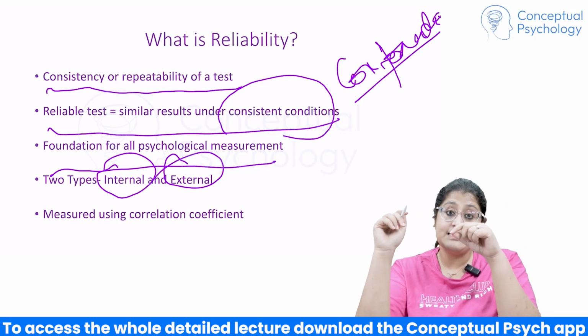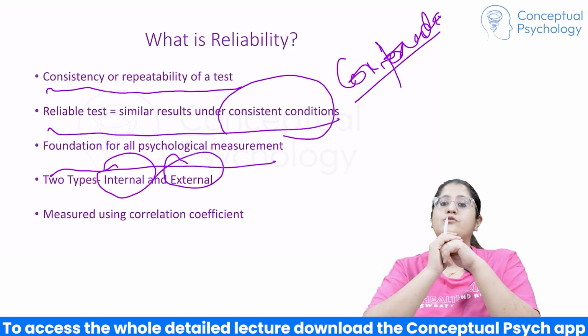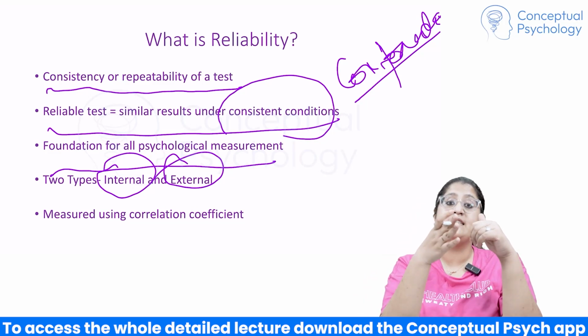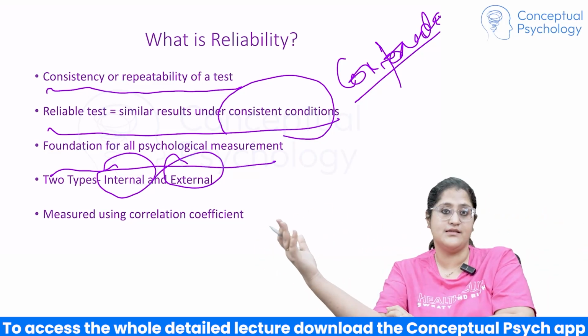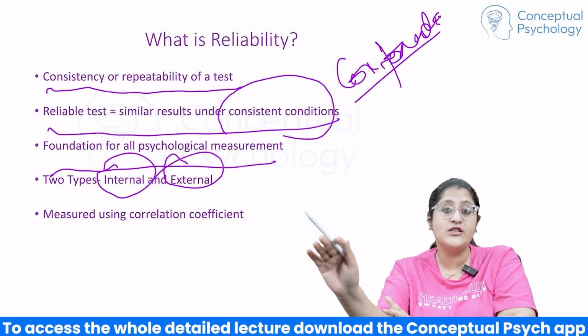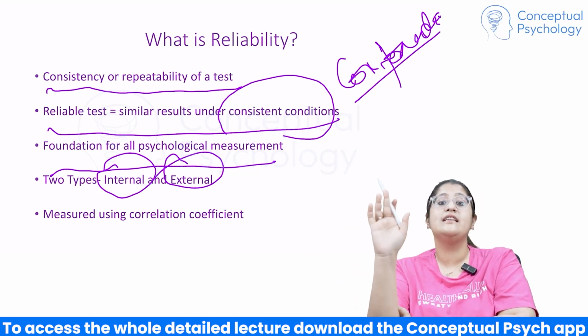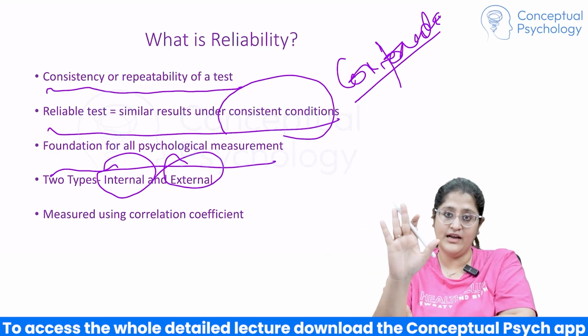When you say externally reliable, it would mean the test is correlated across raters, or across conditions. Then you would say that the test is externally reliable, right?